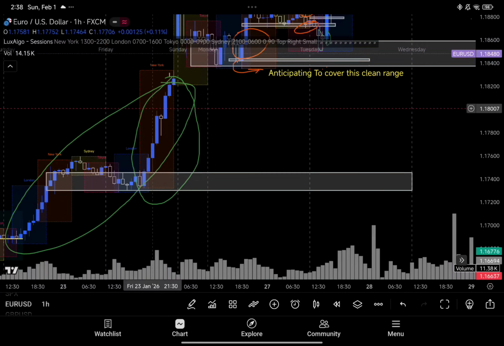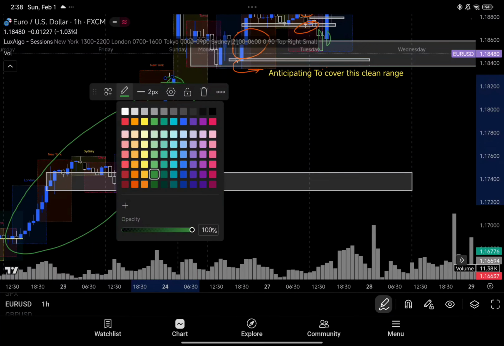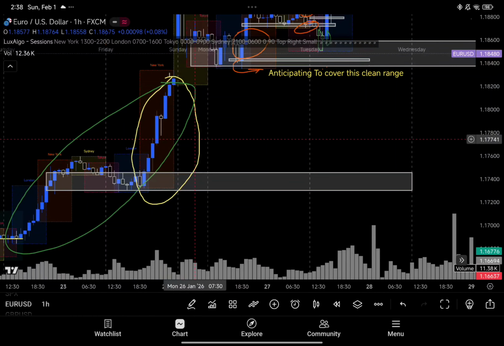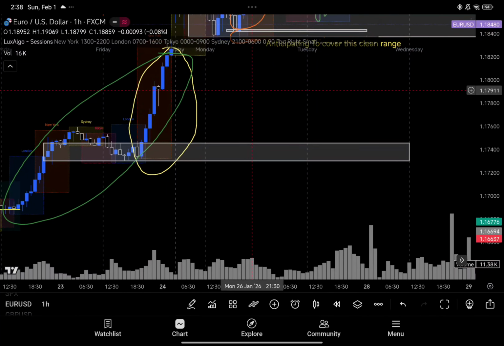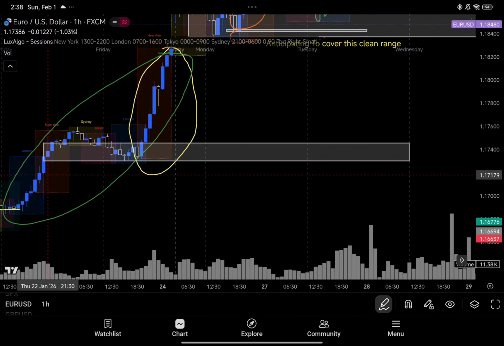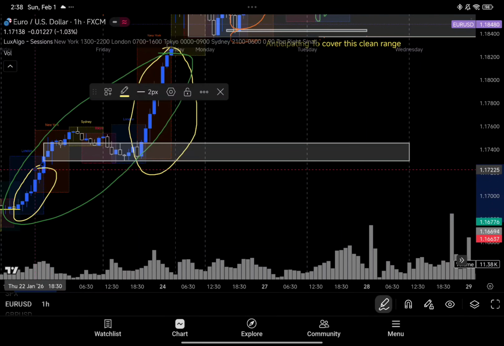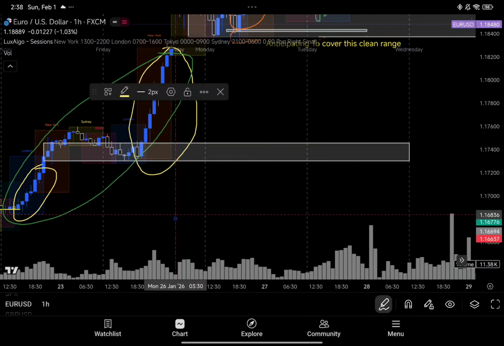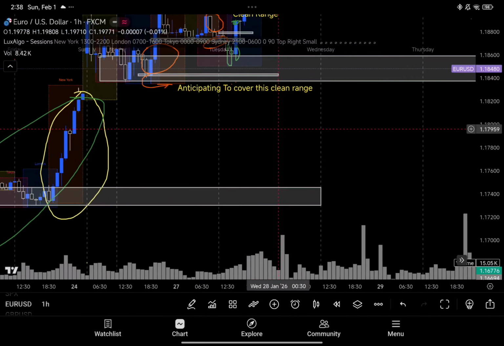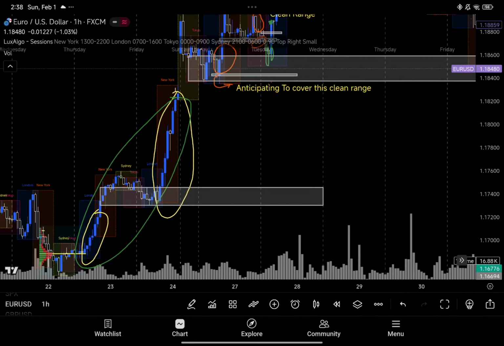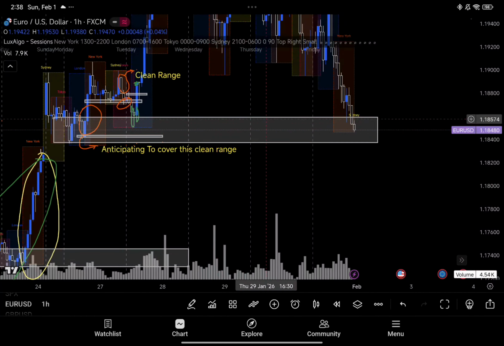This support comes between this whole clean range, which breaks it into two halves. The first half is the green color, let me mark this green as yellow, and the second half will be this clean range over here.